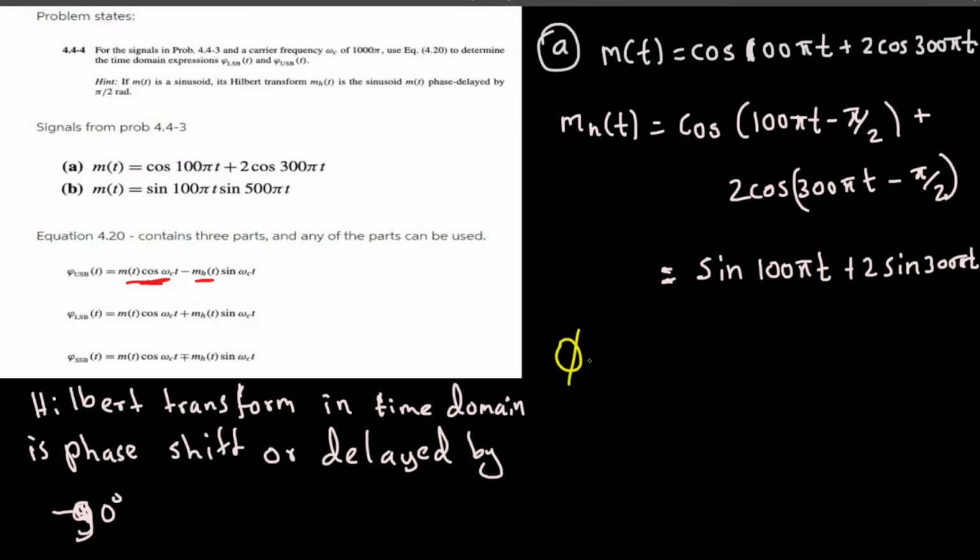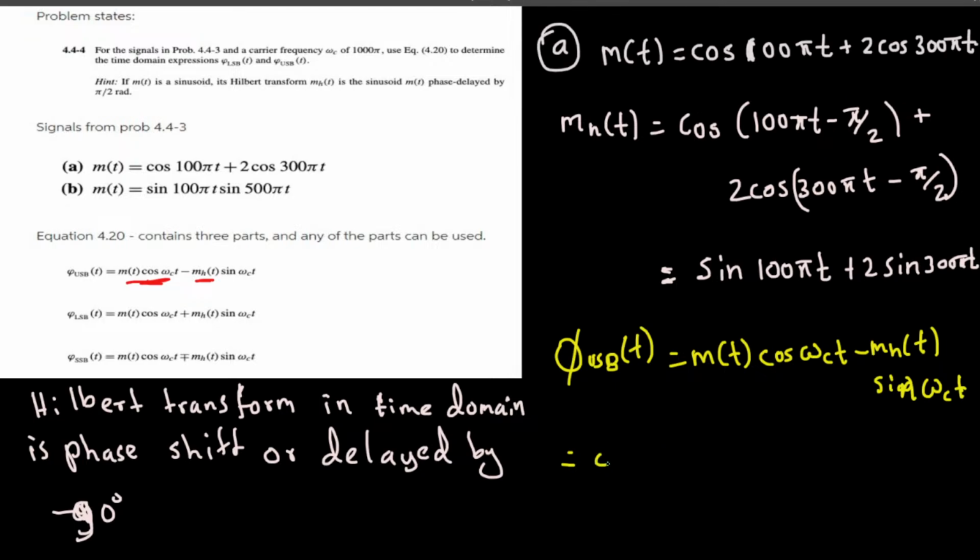That is, phi USB, the upper side band, is given by m of t cos omega ct minus mh of t sin omega ct. For m of t, we know it is cos 100πt plus 2 cos 300πt, so let's put that right here.